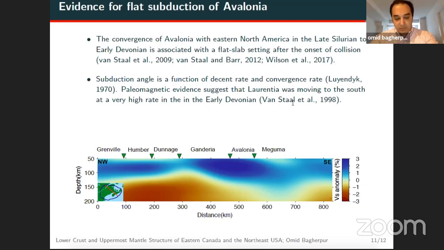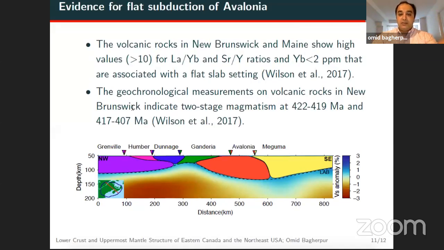You can see the high convergence rate in the paleomagnetic studies. That's one piece of evidence. The other one is high values for the ratios between these elements, La over Yb and Sr over Y, and low values for the Yb element, which is typical for a flat slab setting. For example, you can see the same values in Chile.